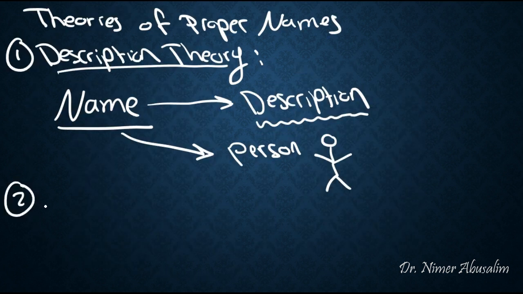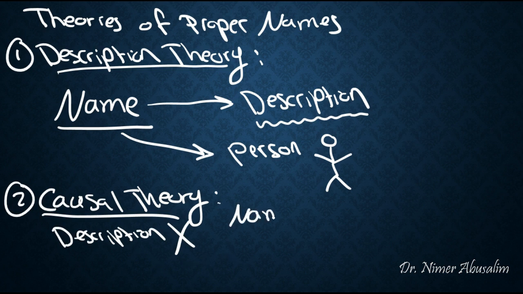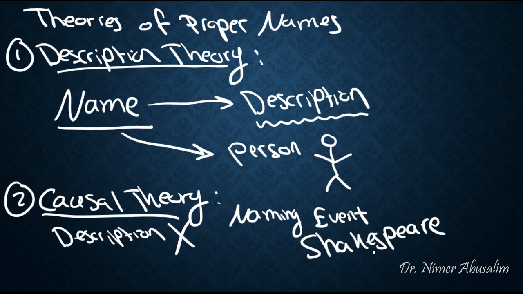Therefore, the second theory that deals with proper names is called the causal theory. The causal theory assumes no need for knowing the description. Actually, the description is irrelevant to the causal theory. Causal theory suggests that there is a naming event that takes place regardless of the description of that person. So let's say Shakespeare was born, and his mother called him Shakespeare for no apparent reason.